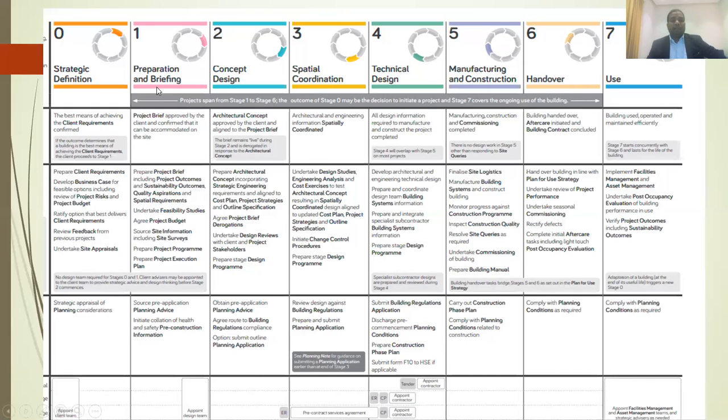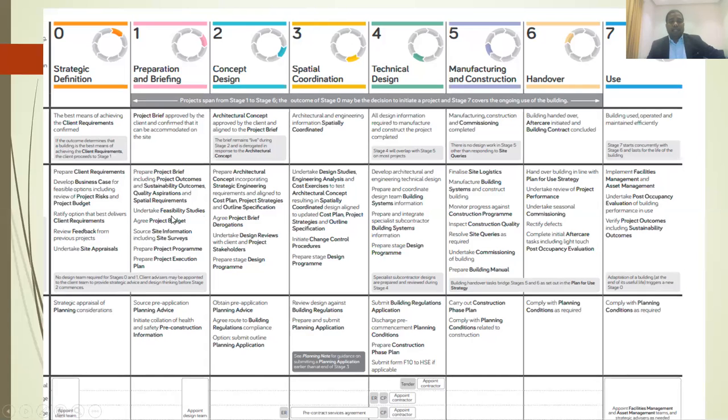Then preparation and brief: from this stage it is developed. Preparing the brief, project outcome, and feasibility study. The feasibility study is undertaken at this stage, and they decide whether the project is viable, feasible, and profitable.